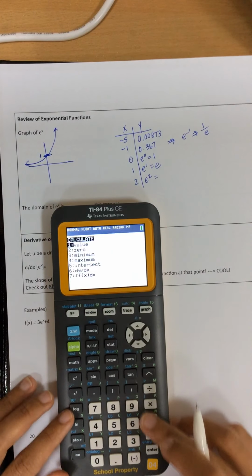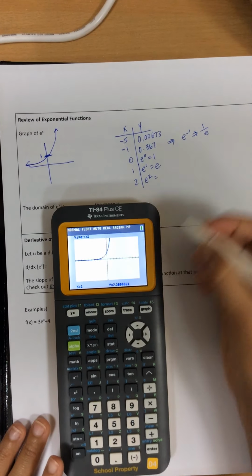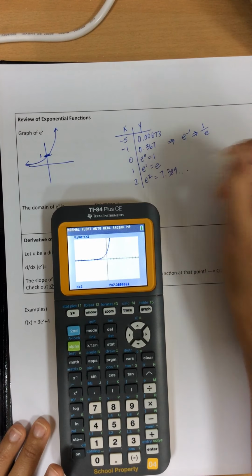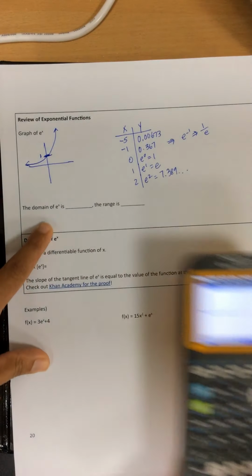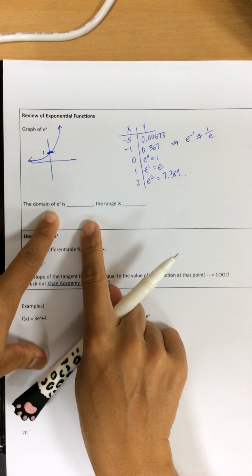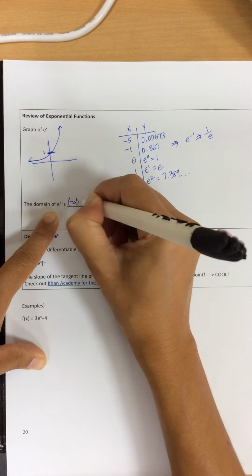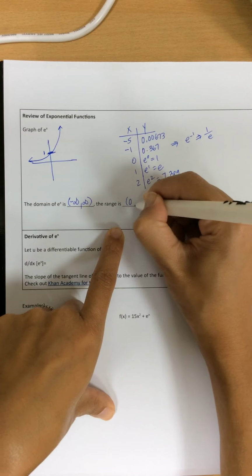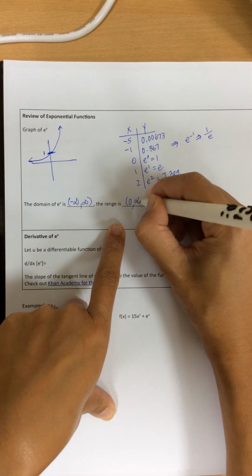And I can use my calculator to check. What is it at 2? It's 7.389, something, right? Okay, so if I look at this, the domain of e to the x is all numbers, right? Negative infinity to infinity. But the range is there's a horizontal asymptote at 0, but then it keeps increasing.